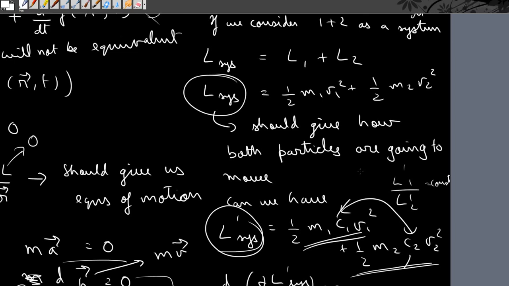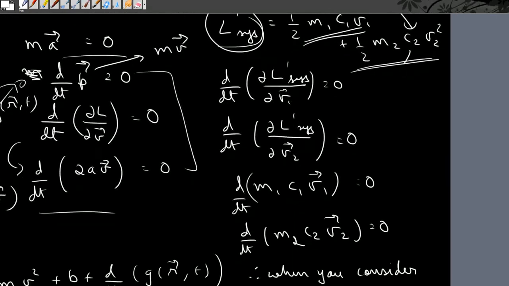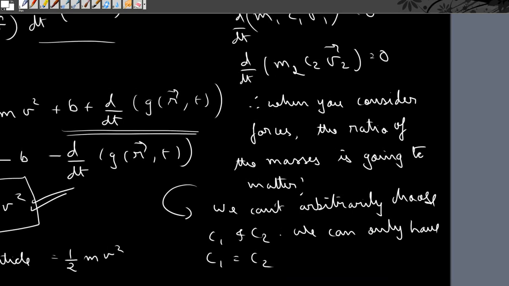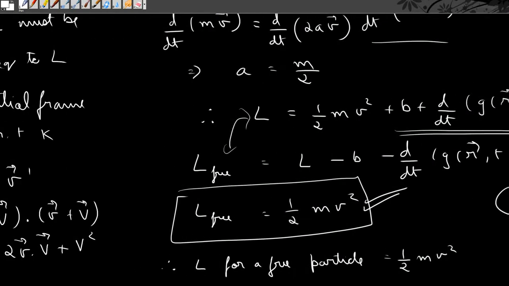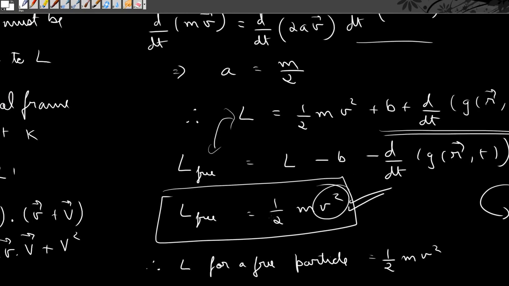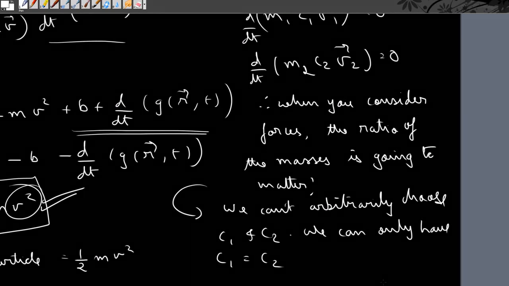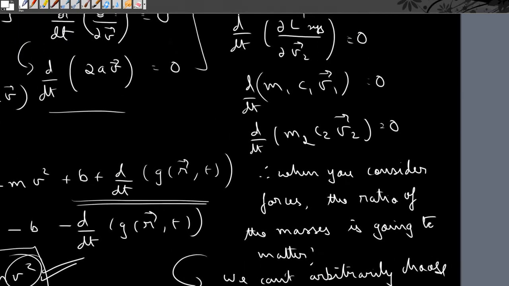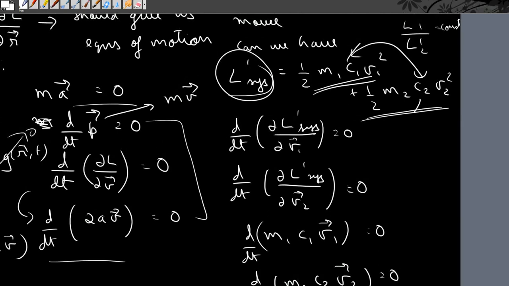So that's it for this video. To summarize, we basically justified why the Lagrangian for a free particle must be a function of V square and not say mod V or V power 4 or any even power of V. We also made a note that if you consider the Lagrangian of the entire system of two or more particles, the ratio of the masses needs to be conserved, and therefore we cannot simply arbitrarily multiply any constants to the individual Lagrangians to get the Lagrangian of the entire system.